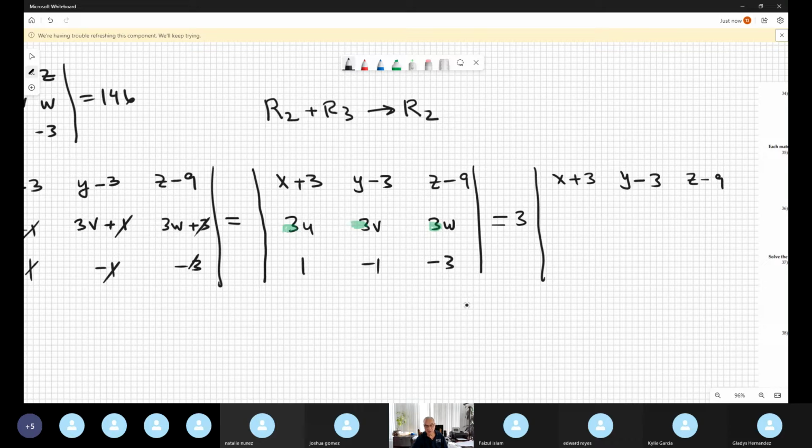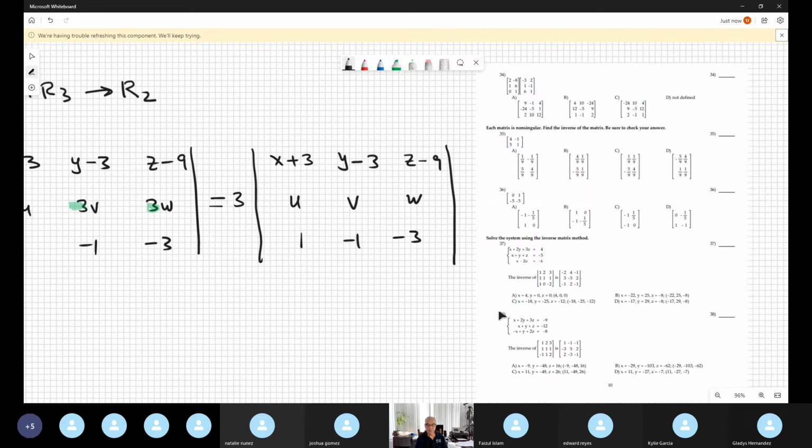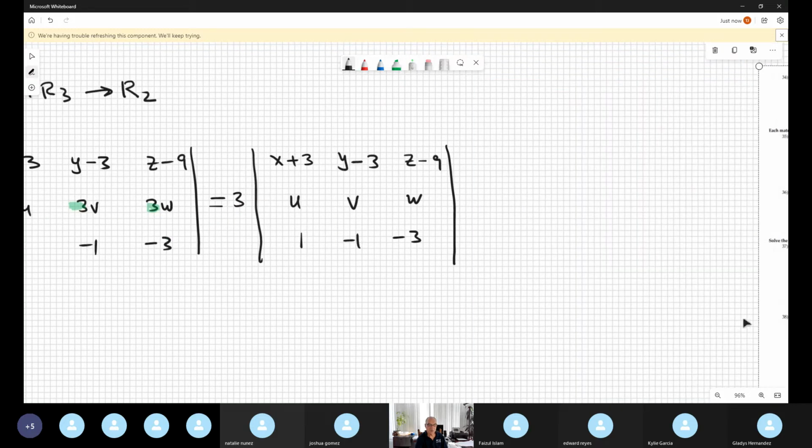You multiply the row or the column that you prefer. So in this case, we are doing it backward. We factor out 3. And this 3 is important in the computation of the final answer.